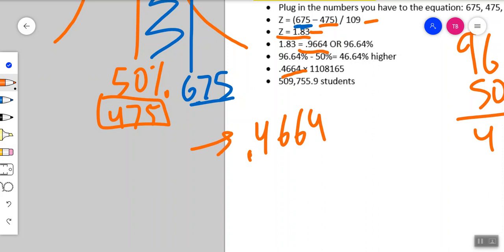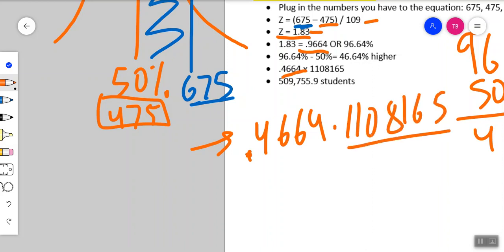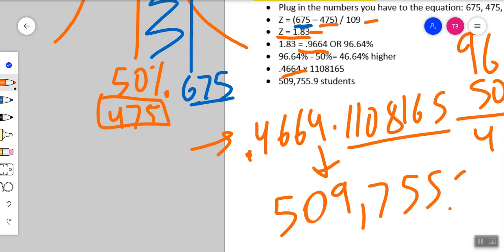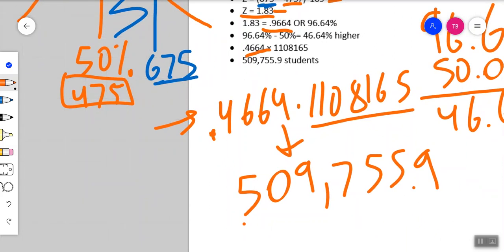The reason I wrote it like this instead of with the decimal in the middle is that this is how 46% is written in your calculator. So I write 0.4664 times 1108165, the total number of students, and that equals 509,755.9 students. So when they're asking if you got the score of 675, how many students scored below you, 509,000 students did. Okay?